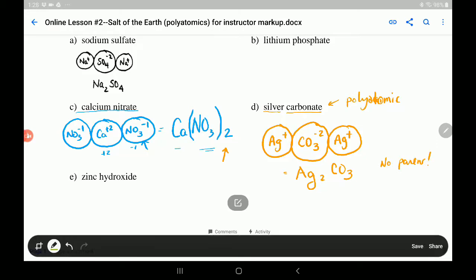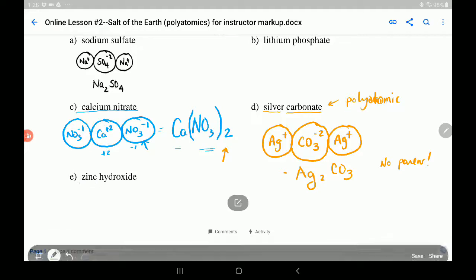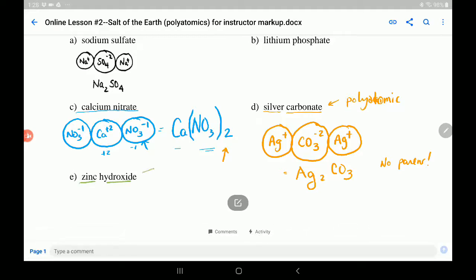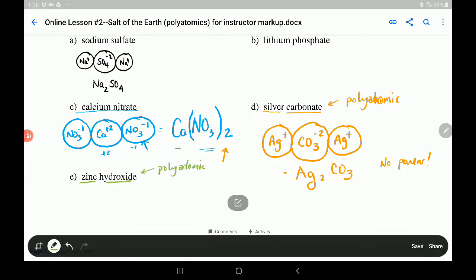Last example, zinc hydroxide. Find them on your periodic table. In this case, hydroxide is polyatomic. It's odd that it does not end with ATE, but it is still a polyatomic ion, so you have to find it on the back of the periodic table. Find the charges.